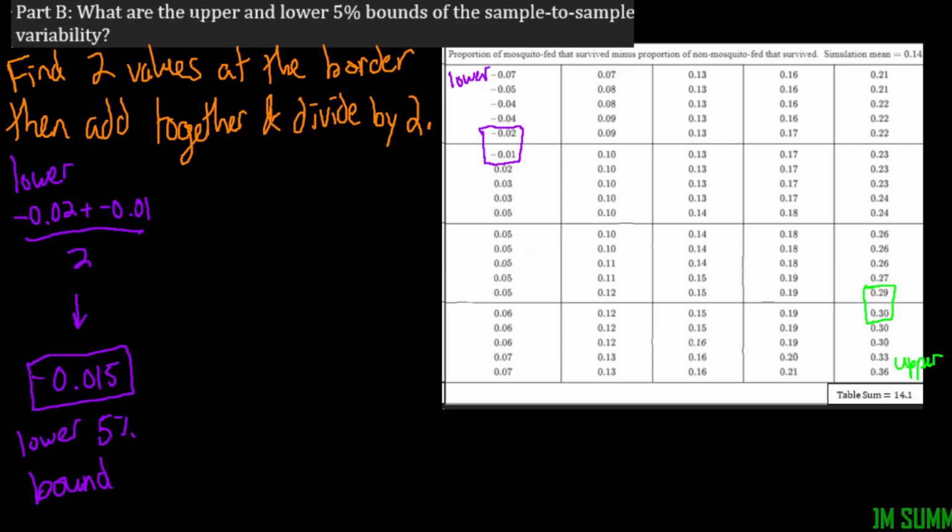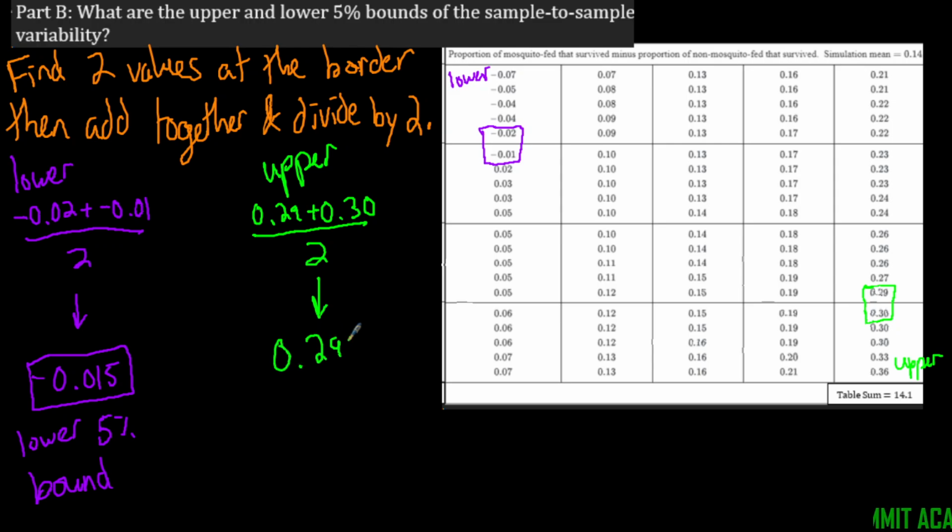Same idea, let's do the upper. I'm going to look at these 2 numbers: 0.29 and 0.30, add together and divide by 2. Using that Desmos calculator, that gives us 0.295.